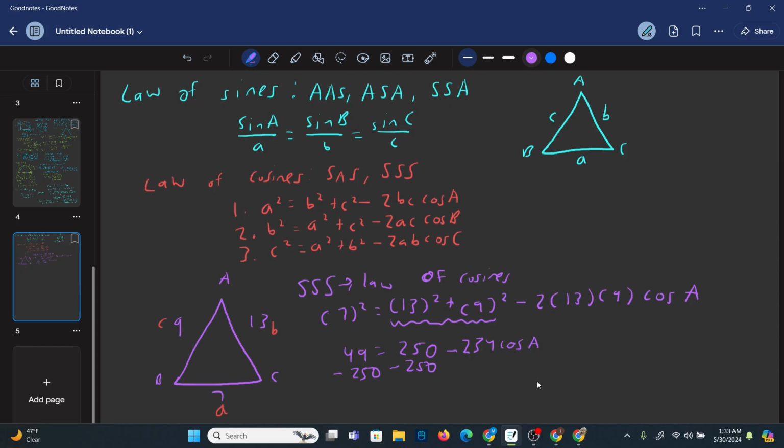So 49 minus 250 equals negative 201 equals negative 234 cos A. We divide both sides by negative 234.